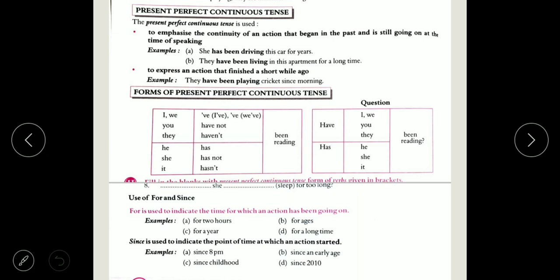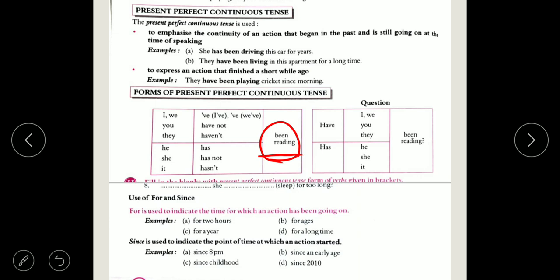First we have to use has been or have been, and with verb first form we have to use ing. What are the forms of present perfect continuous tense? Has been or have been, verb first form plus ing. Okay, understand?